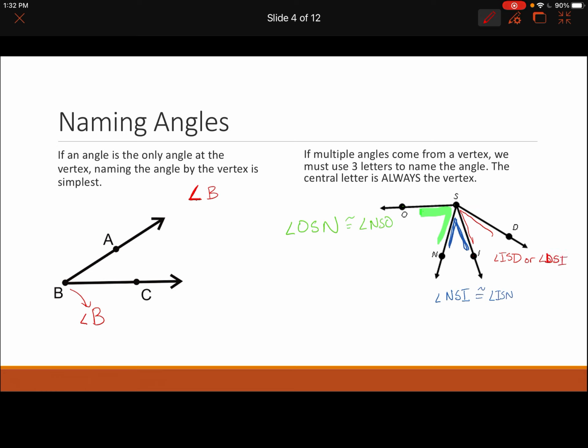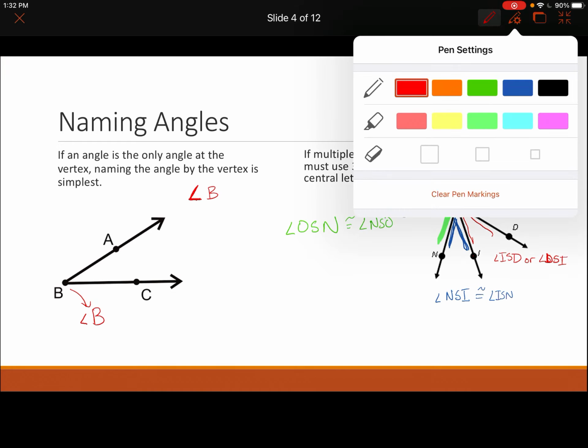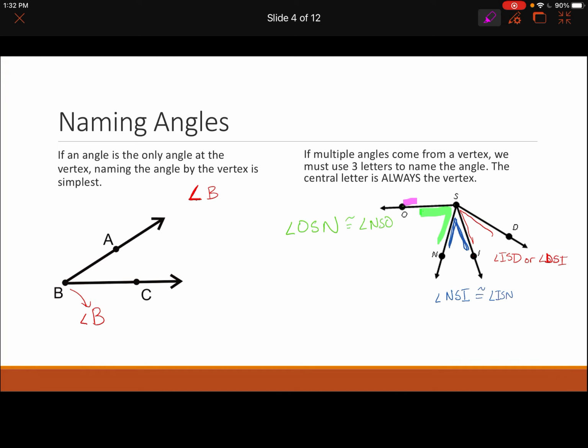Those are the same thing. So we have 3 smaller angles, and then we have this very big angle on the outside. I'm going to call that angle OSD or angle DSO. So when we name an angle using 3 letters, that's probably going to mean we have multiple angles coming from the vertex.